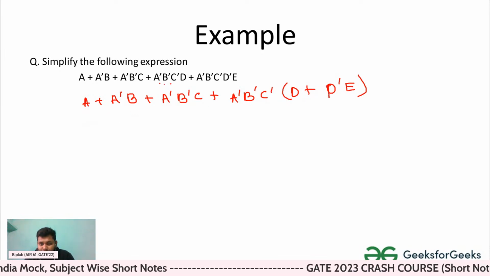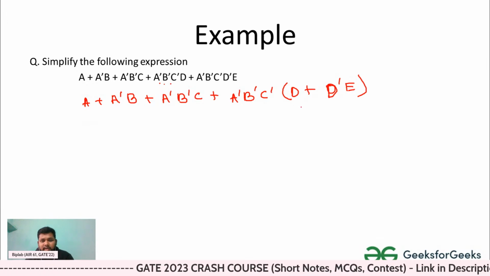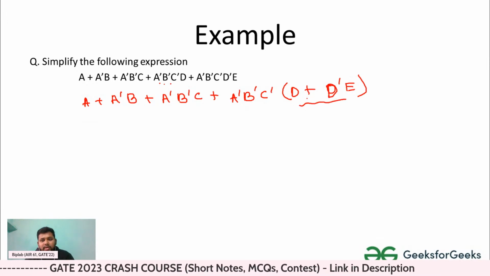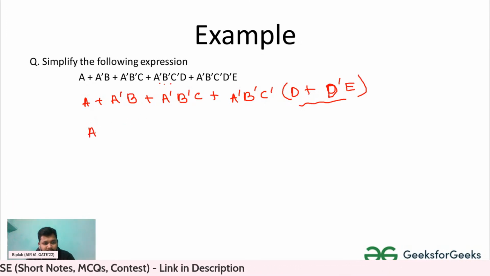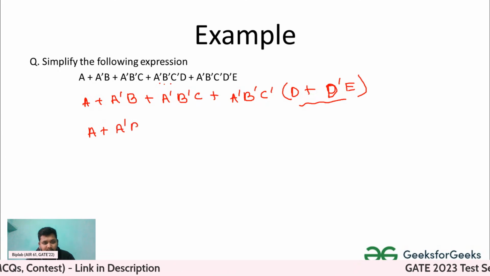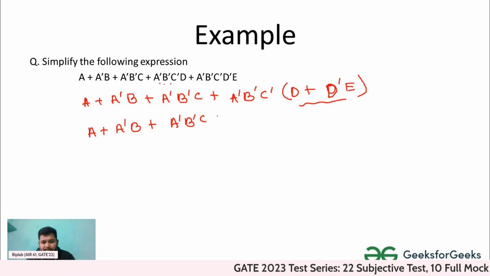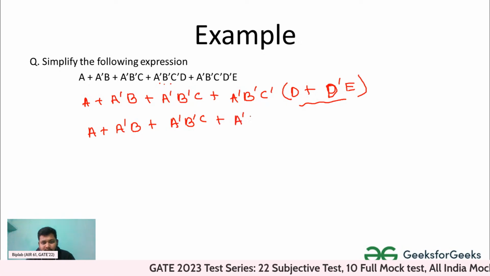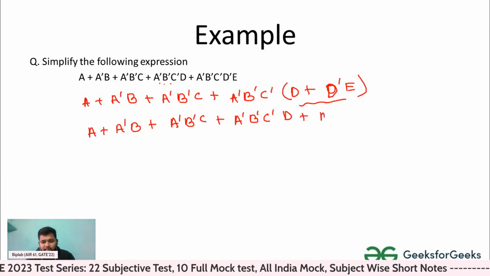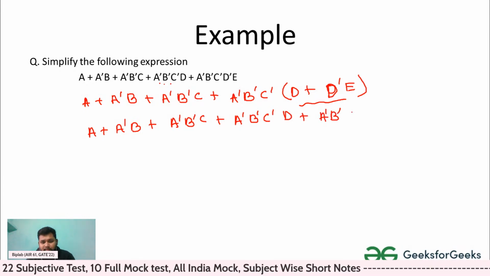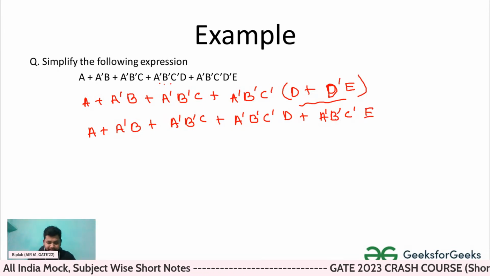Now look at here, d plus d bar e can be simplified directly to d plus e because of absorption law. A plus a bar b plus a bar b bar c plus a bar b bar c d plus a bar b bar c bar e.